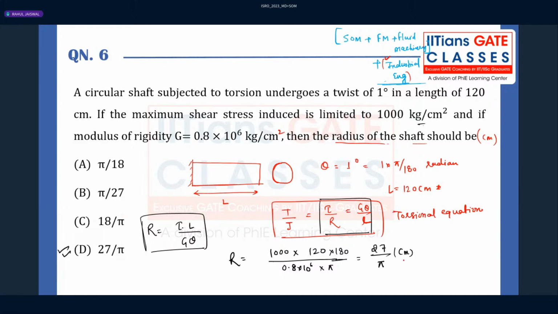If it were in mm, then it would be 270 by pi, but there is no such option, so it should be in centimeter. Modulus of rigidity is nothing but one of the elastic properties of a material.